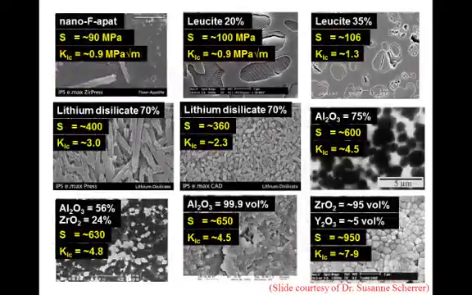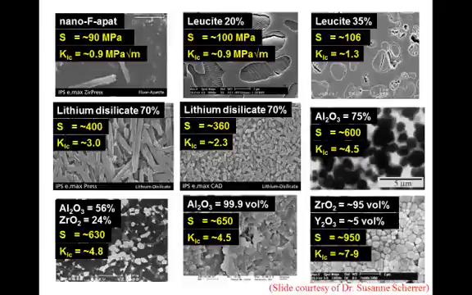Here are some microstructures that can be seen in electron microscope for actual ceramics used currently in dentistry. And S in these photos represents strength of the material on average, and K1C is the fracture toughness of the material. And when the crystals are nano-sized and there's not many of them, they don't have much of an effect.